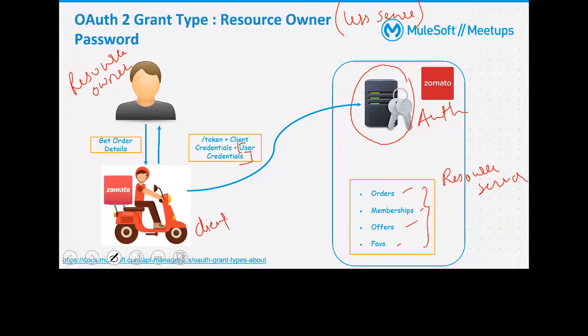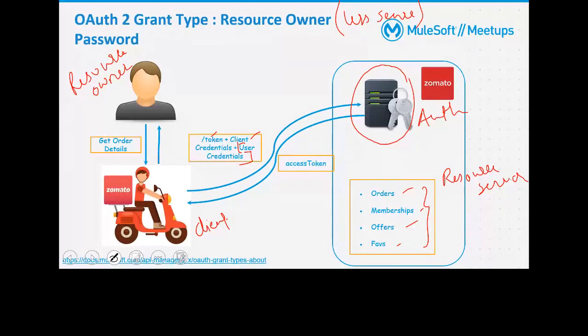The first, highly secure one is your auth code, then implicit, and now this is the resource owner password. Once you call the token URL, you give the client credentials of the client app and then the user credentials, saying, give me order details for this particular user.